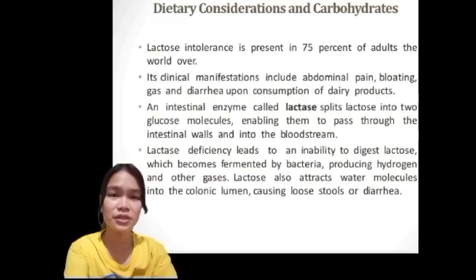Lactase deficiency leads to an inability to digest lactose, which becomes fermented by bacteria, producing hydrogen and other gases. Lactose also attracts water molecules into the colonic lumen, causing loose stools or diarrhea.